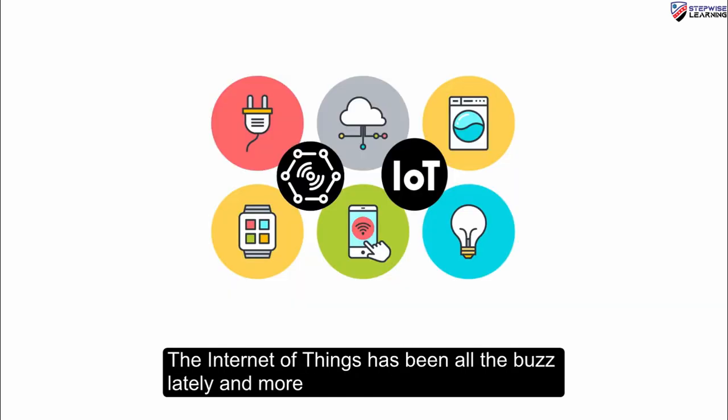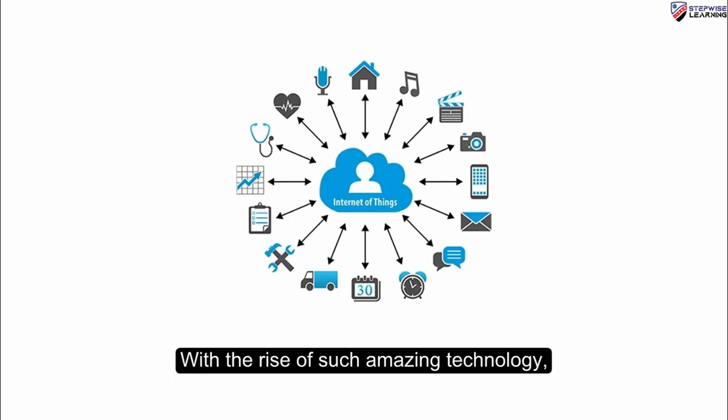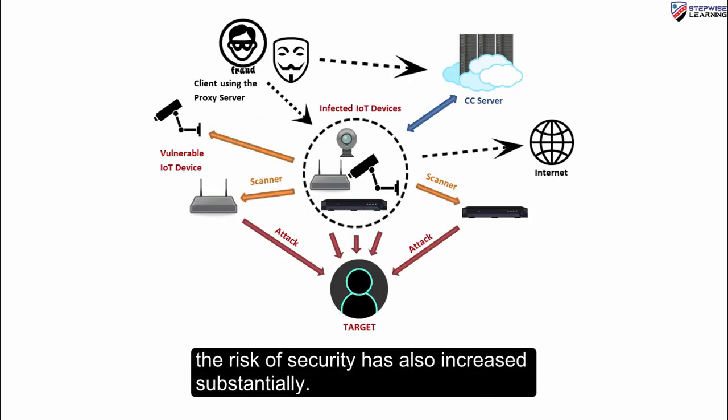The Internet of Things has been all the buzz lately, and more devices are talking to the internet every day. With the rise of such amazing technology, the risk of security has also increased substantially.